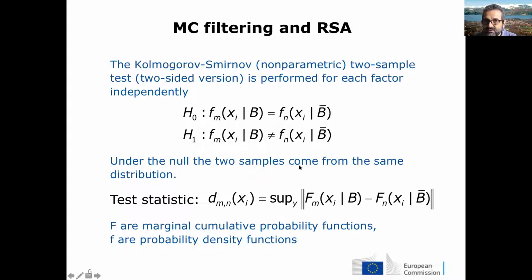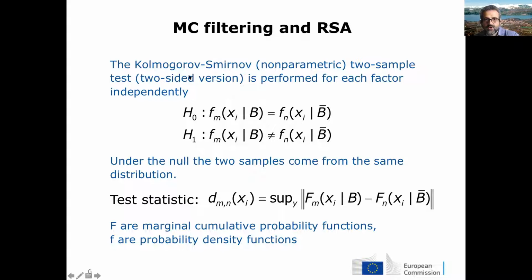So how does Monte Carlo filtering try to trace these drivers of the behavior? By doing a very simple statistical test on the two samples obtained by filtering the Monte Carlo draws according to behavior and non-behavior.